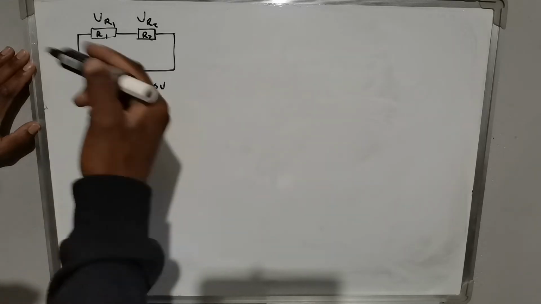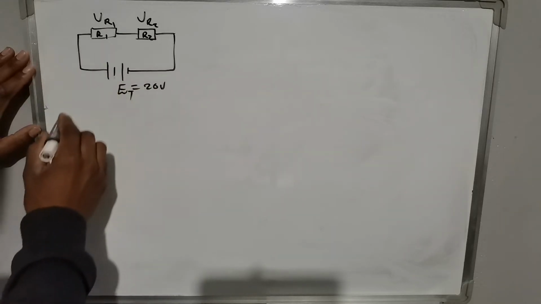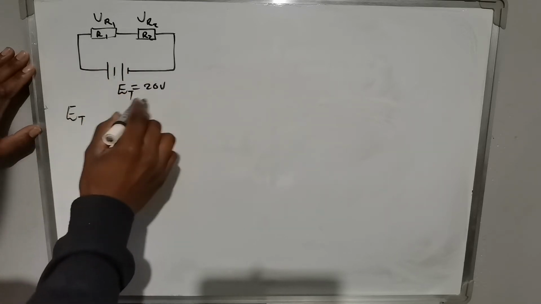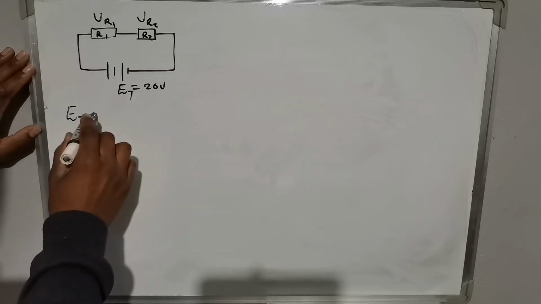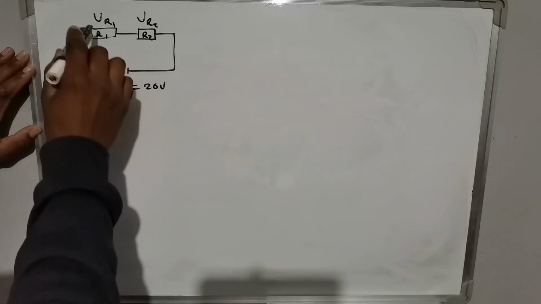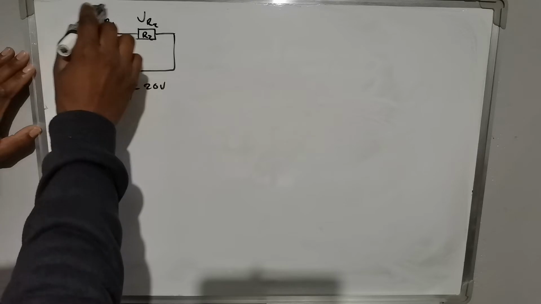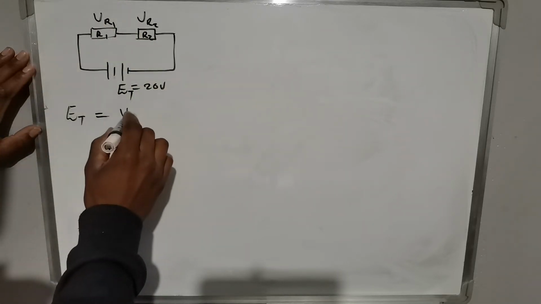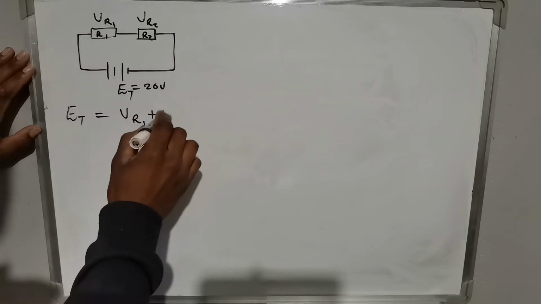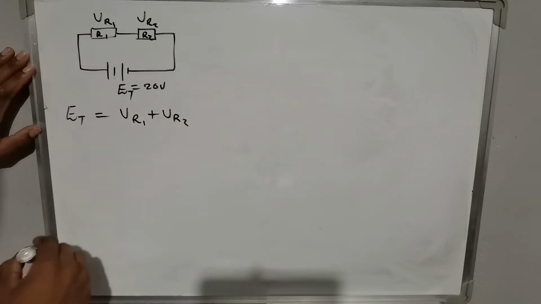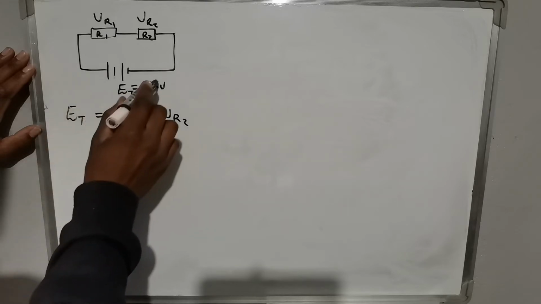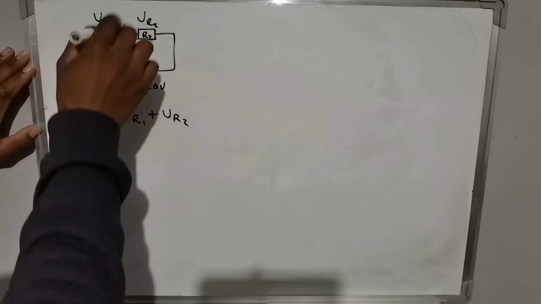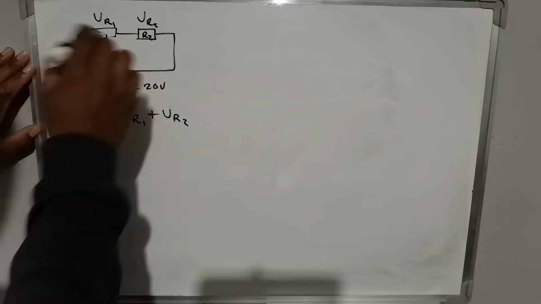Kahle kahle lokhu kusho ukuthi wabona ukuthi le voltage le esithi u20 iyalingana ne volt drop ozoyithola la nala uma uwahlanganisa. So VR1 plus VR2. So yilokho akuthola ukuthi i-total EMF is equal to i-sum ye-ama-volt drop asuke khona kwi-circuit.